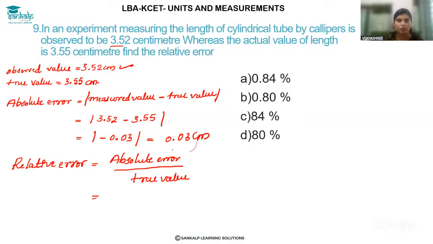Absolute error is 0.03, divided by true value 3.55 centimeter. So 0.03 divided by 3.55, the answer we get is 0.00845.